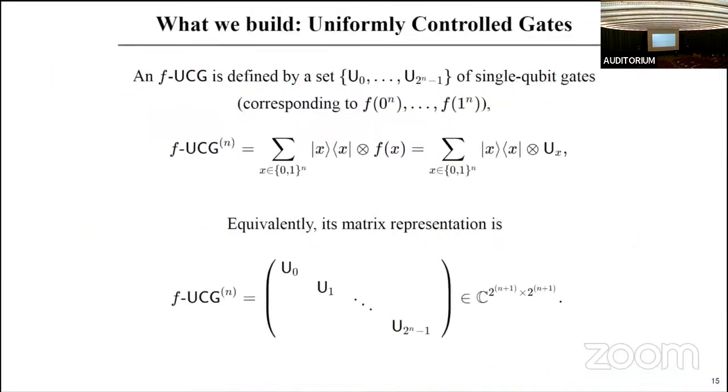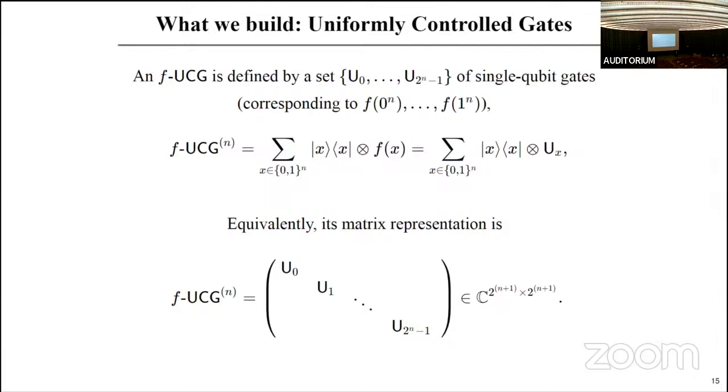Okay, so we built these uniformly controlled gates, which are basically single qubit gates controlled on your address qubits being a certain value. They have this very simple form, especially the matrix one.